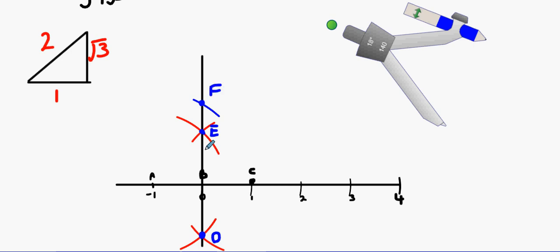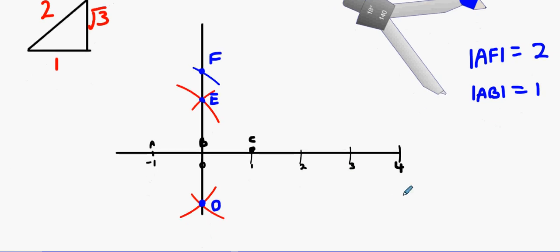Now what can we say about AF? A to F is 2. What can we say about A to B? 1. Alright? So write this down just to make sure you're getting all the marks right.